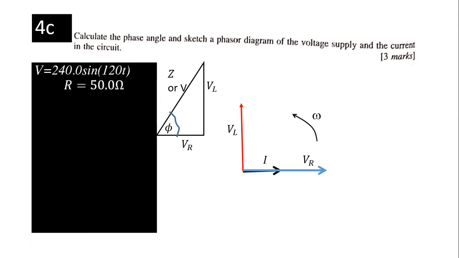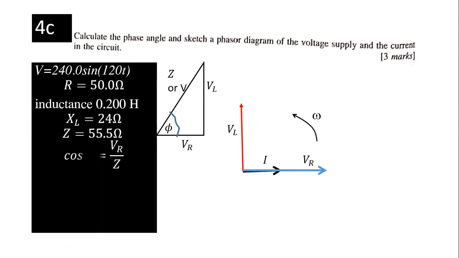These are all given. For XL, we already calculated. Z, we already calculated. We want to find this angle. As I say, you can use whatever you prefer. I use cosine.